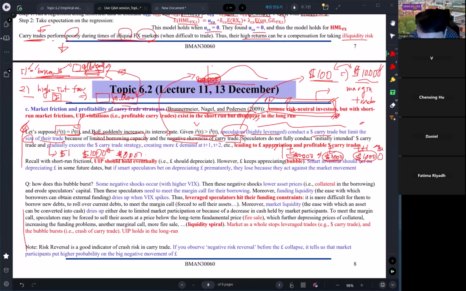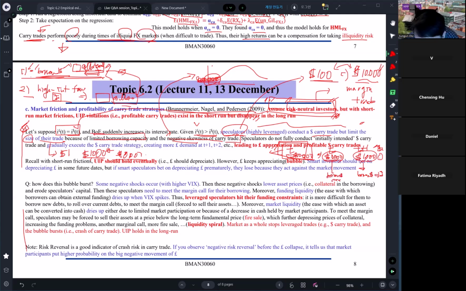So even though we observe the interest rate ranking here, the actual carry trade will be executed at time T a little bit, T plus one a little bit, T plus two a little bit. What you are doing here is still borrowing dollar, converting and investing into pound.